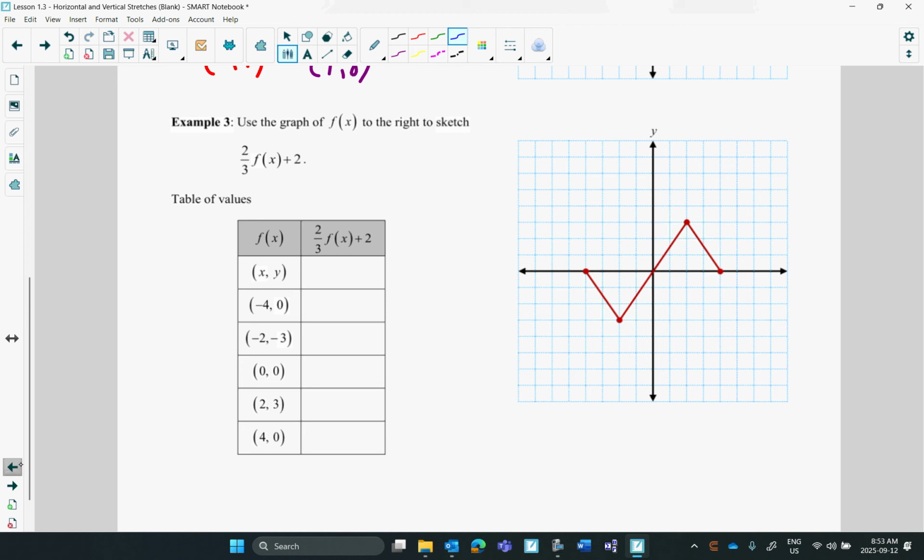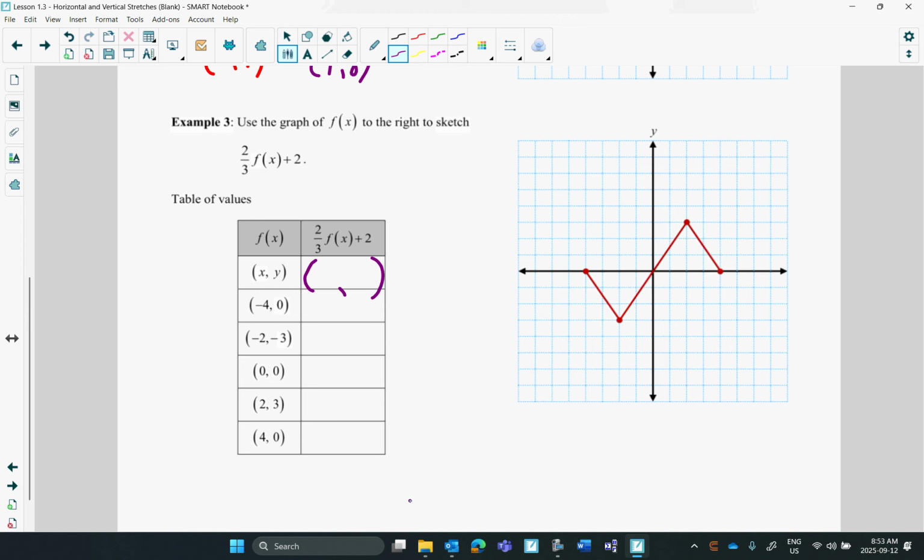Anyway, when we want to come up with the mapping notation formula, I got to look at all the numbers around the function and tell myself, what transformation does it represent? What does this mean? The 2/3 in front. Vertical or horizontal? Vertical. So that means I multiply every y value by 2/3, right?